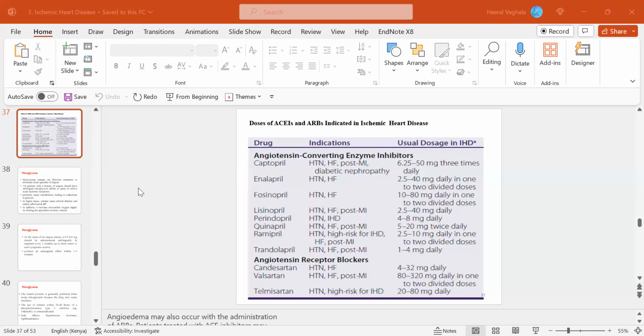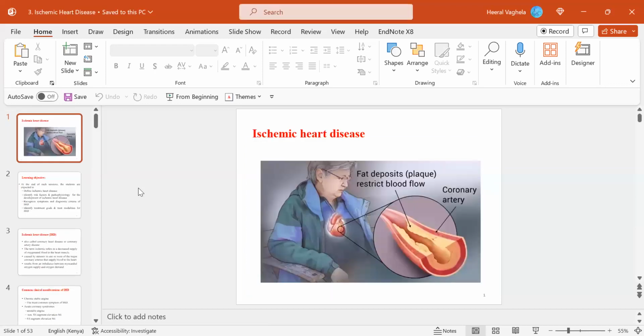So ischemic heart disease is basically obstruction of blood flow because of atherosclerotic plaque.